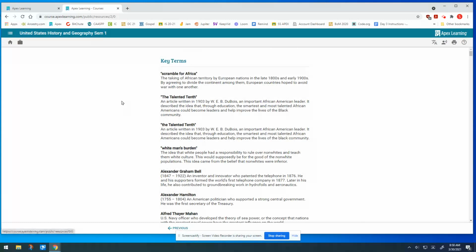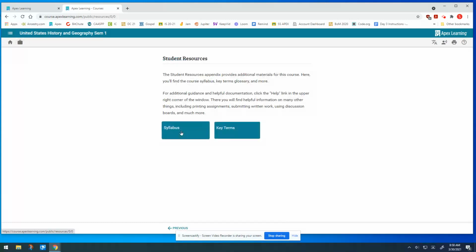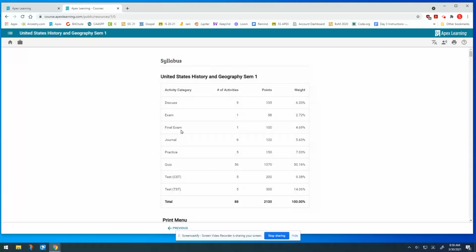You go back to this one, you can go to the syllabus, and the syllabus outlines the entire course. The first picture that you will see is an overview of the activities in the course, the categories, the number of activities, the points attributed to the activities, and the weight of these activities.